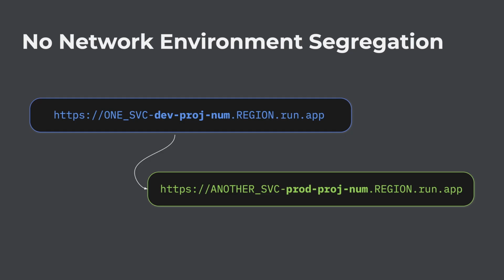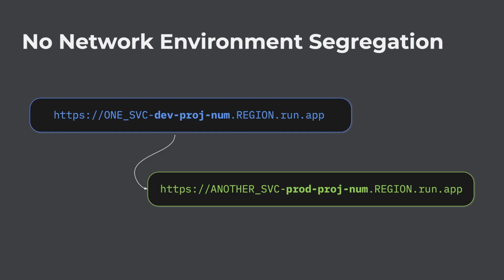Yeah, so you give the image, give a few parameters, and you get your URL back. The main Cloud Run URL for the service looks like the service name, the project number, not the ID but the number, and then .run.app.